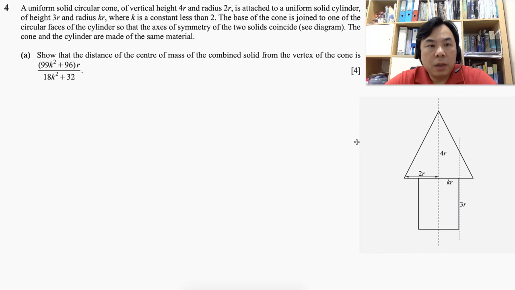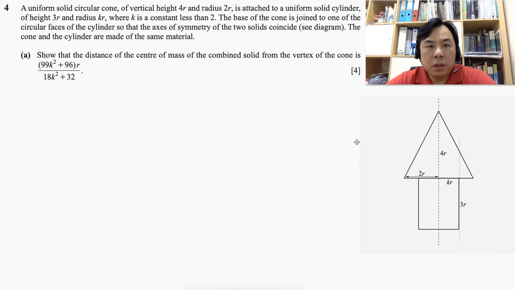The cylinder has a height of 3r, and a radius of kr, where k is a constant less than 2. Now the base of the cone is joined to one of the circular faces of the cylinder, so that the axis of symmetry of the two solids coincide. You can see it from the diagram itself.